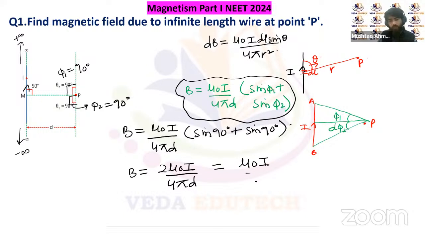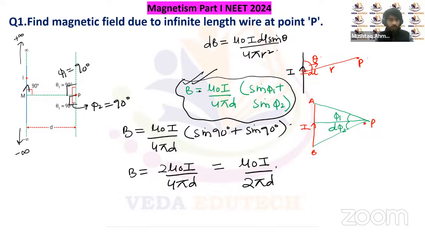So this will be the net magnetic field because of this infinite current carrying wire at this point P. So mu naught I upon 2 pi d is the magnetic field due to this infinite wire. This is the main equation that we'll be using for any current carrying wire to find the magnetic field at a given point P.